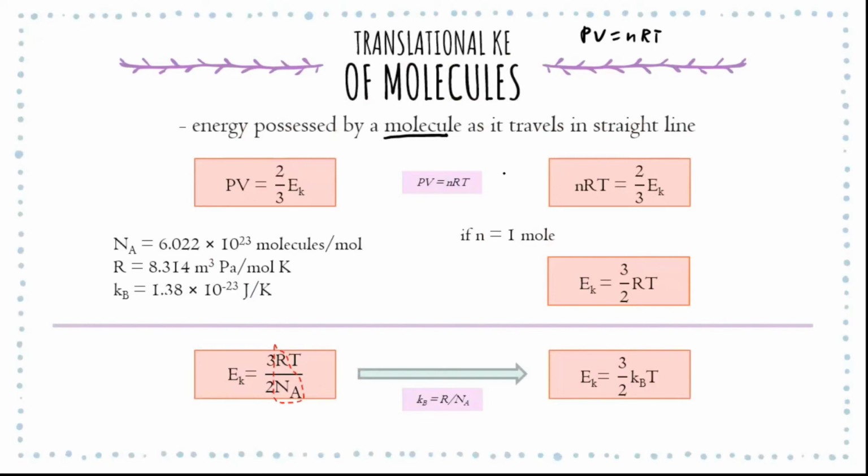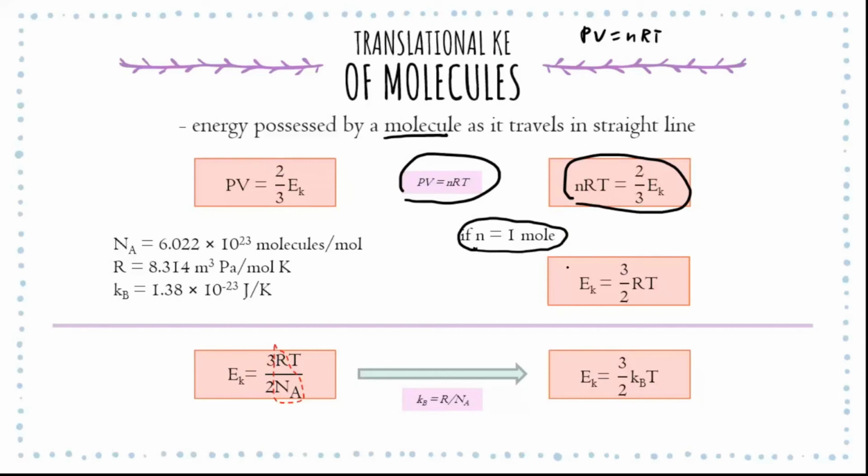So if we have PV is equal to two-thirds times the kinetic energy, and we know that PV is equal to nRT, we can have nRT is equal to two-thirds of the kinetic energy. So if we have per mole, we only have EK is equal to 3 halves RT.